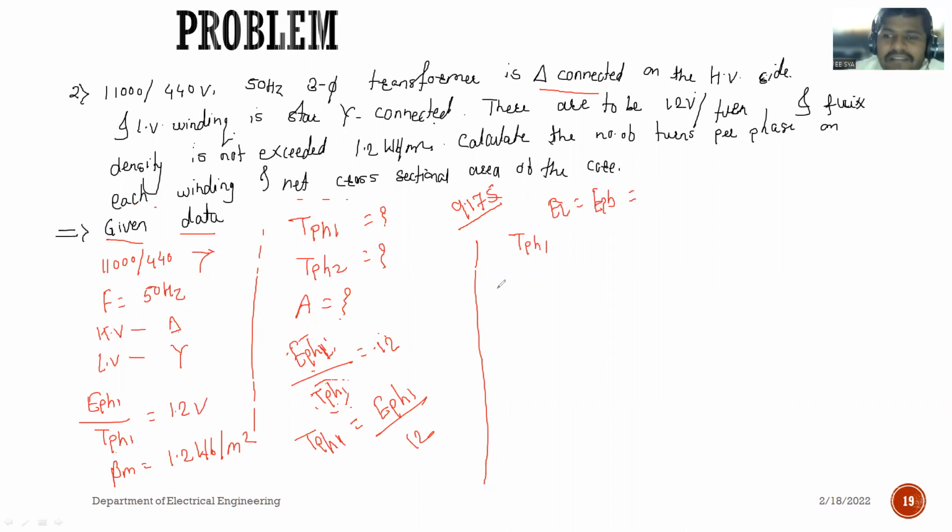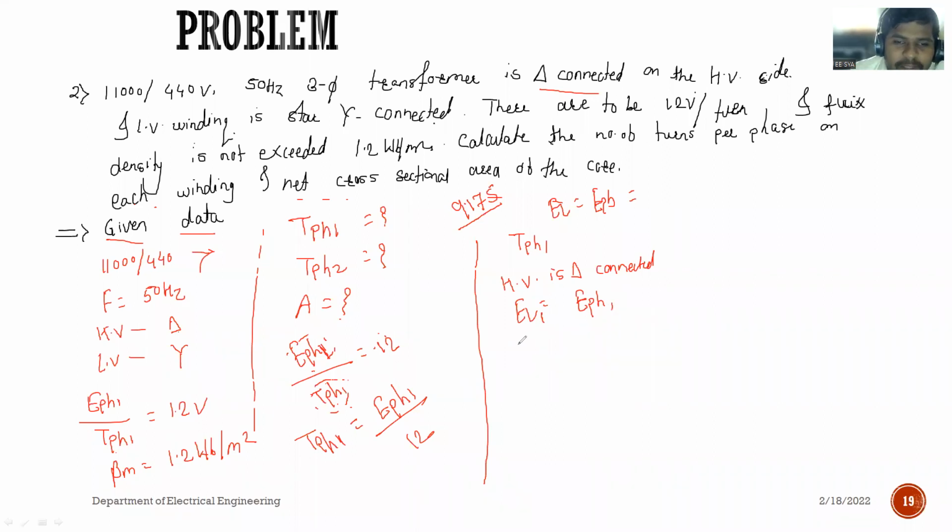You can write the sentence: HV is delta connected. If the HV is delta connected, the line voltage EL is equal to EPH, or line voltage EL1 is equal to EPH1.